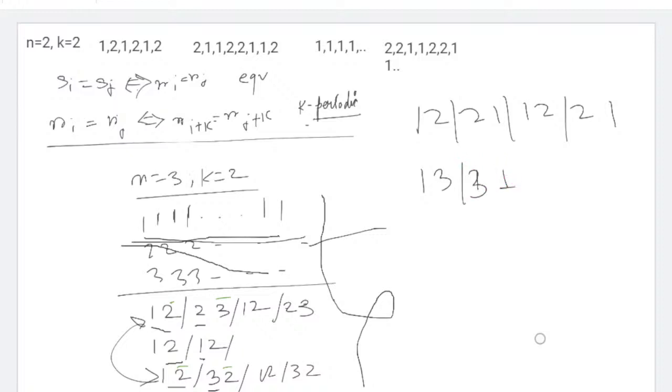This is the same as that one. 1331 is equiperiodic to this, but 1122 works. So, okay, we got six cases.